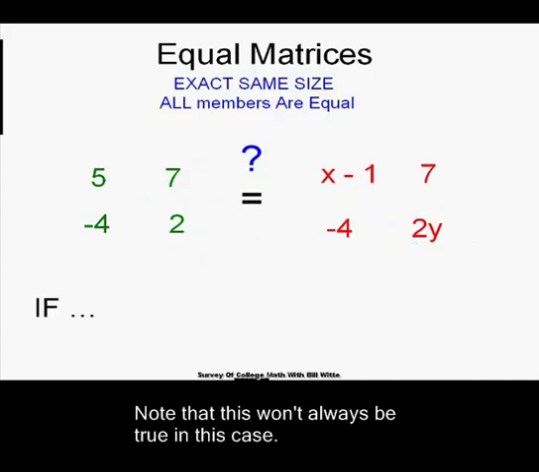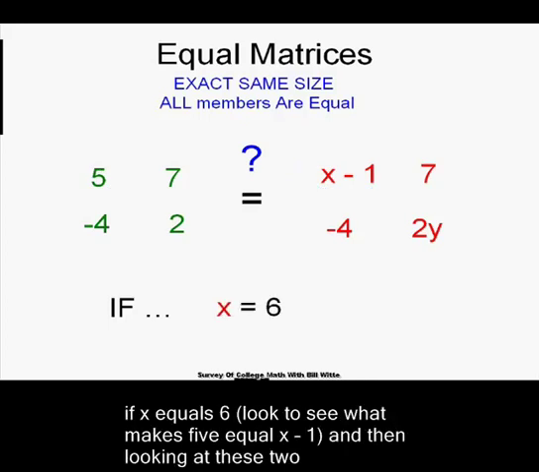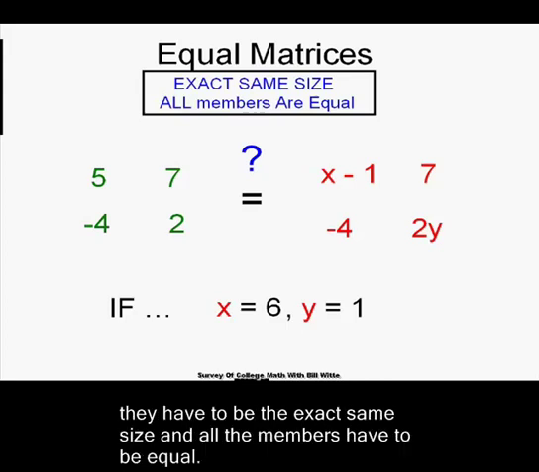In this specific example, these two matrices will only be equal if x equals, let's see, what makes 5 equal x minus 1? Well, x would have to be 6, and looking at these two, y would have to be 1. So the point is, to have equal matrices, they have to be the exact same size, and all the members have to be equal.